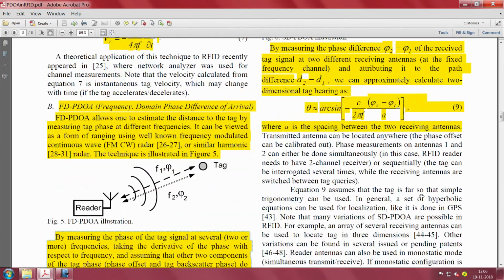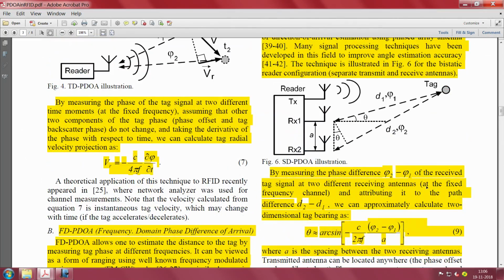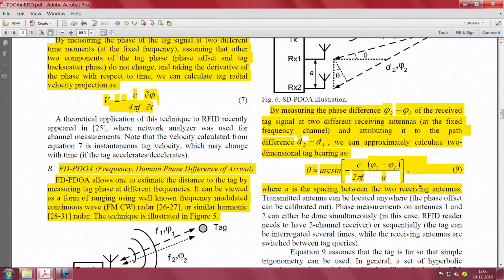This is a very simple technique where you are essentially trying to convert the phase difference into path difference. This is the crux of the story. With this simple expression you can calculate theta by just measuring phi 2 and phi 1 and knowing A. Rather, theta can be approximated by using the arc sine of this expression.